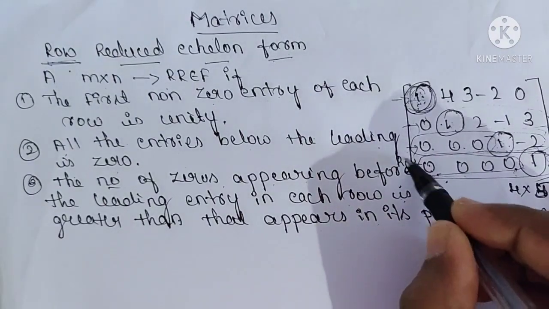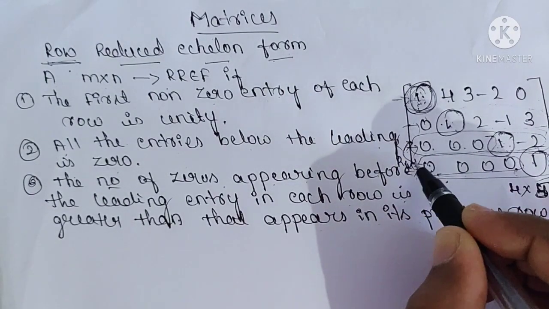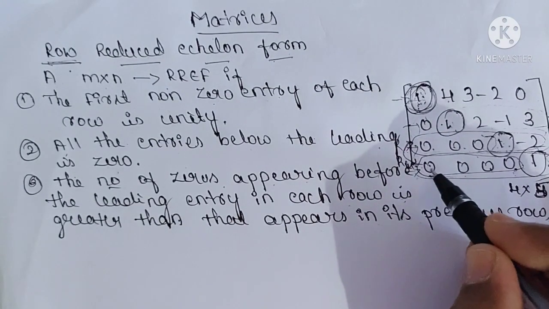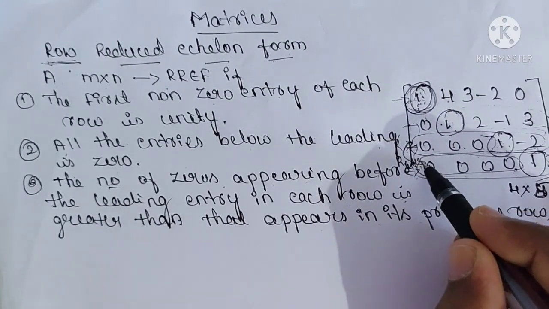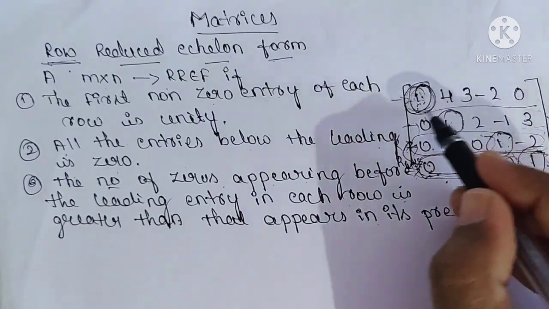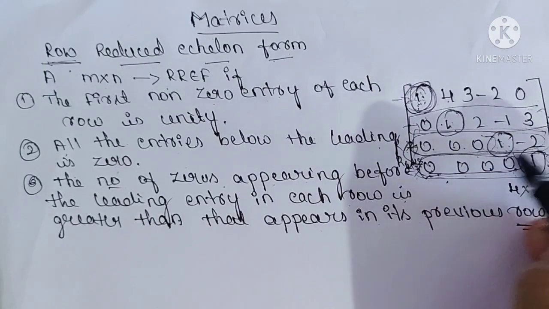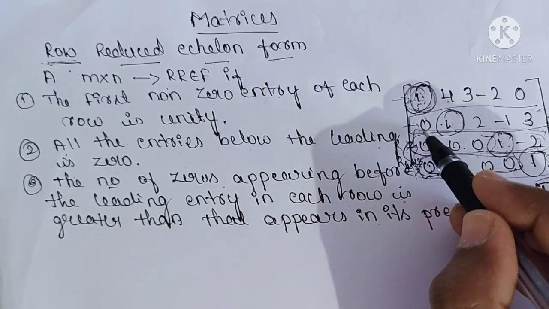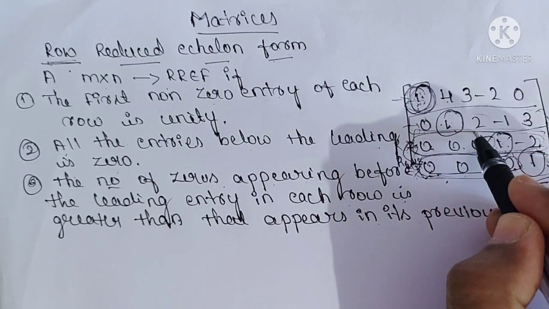If you compare R3 and R4, R4 contains more zeros. If we compare R2 and R3, R3 contains a greater number of zeros compared to R2.